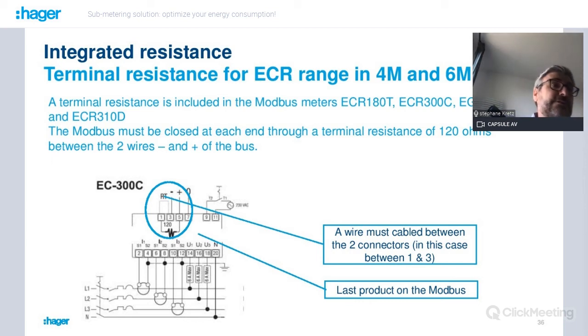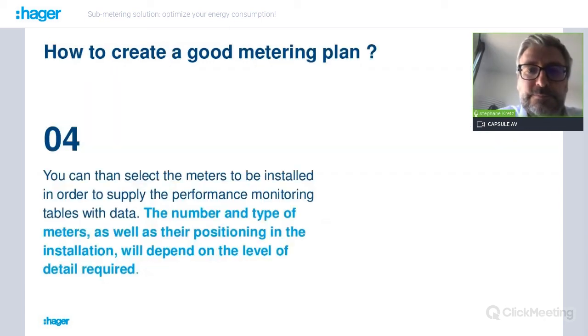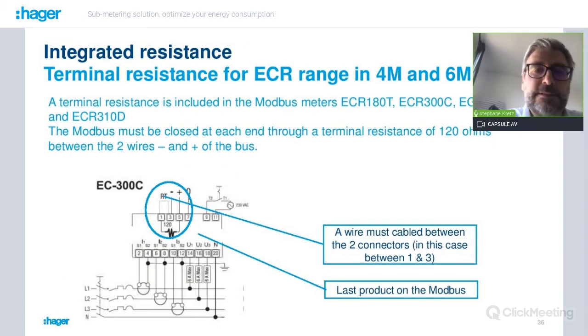Here I have the answer, I think. Just a minute. No, it's here. If you are in Modbus, for instance, you need a resistor at the end, for the last meter or last device that you have on your bus. You need to put a resistor in order to close the communication cable, the two cables.